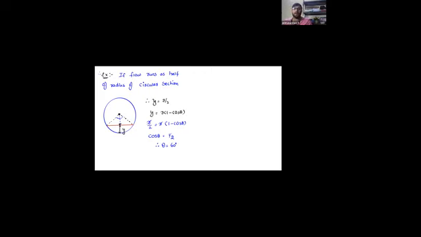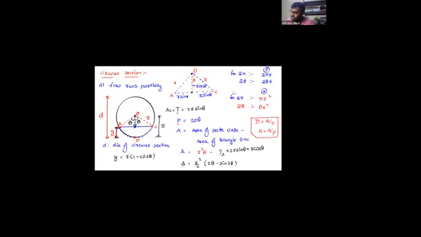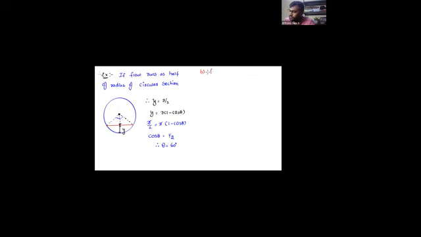Okay. So now, the second one is when flow runs partially.